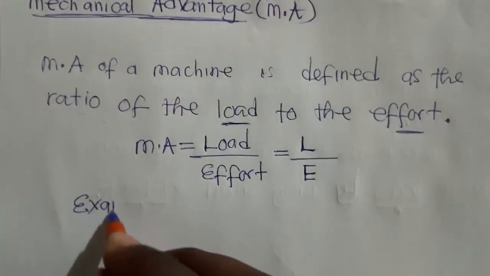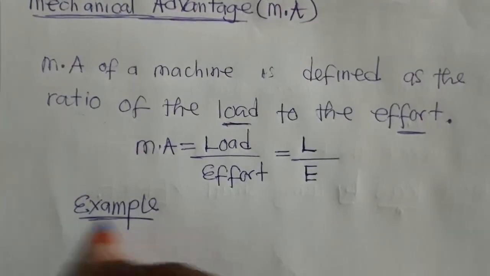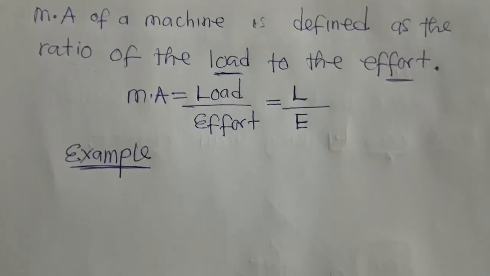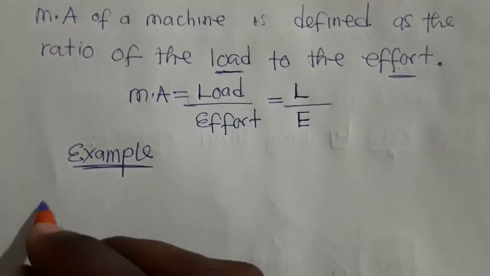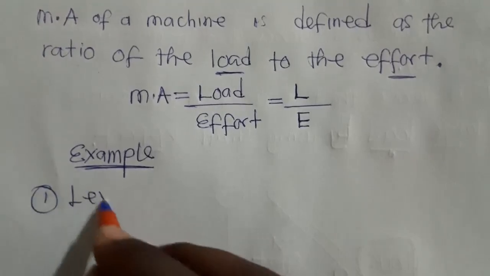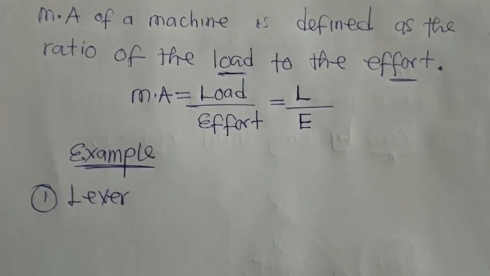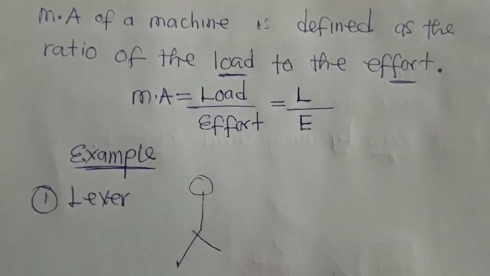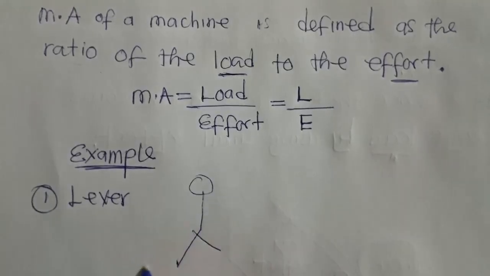The next lesson we are going to do, I'll give you an exercise. So we look at the examples. The first example will come from a lever like this. Let's say you are here, and there is something here.